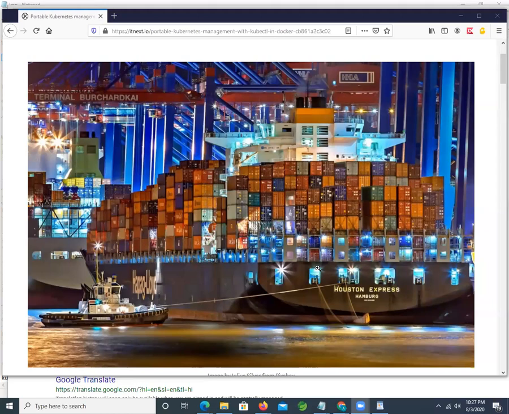So what we saw just now was a Docker, which is behind you, right? These are your containers. You're loading these containers, right?